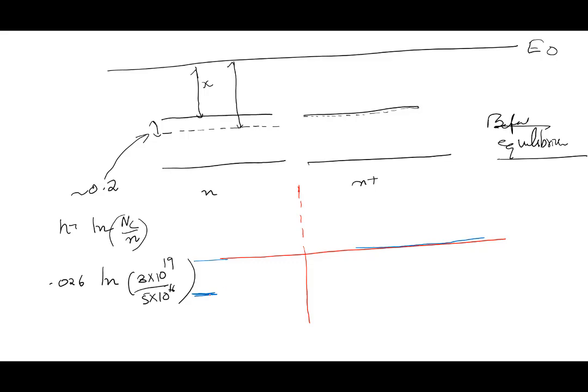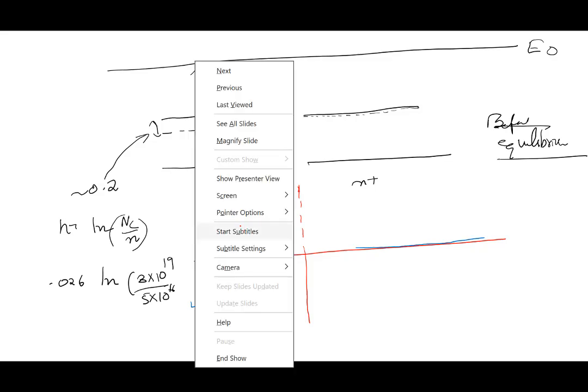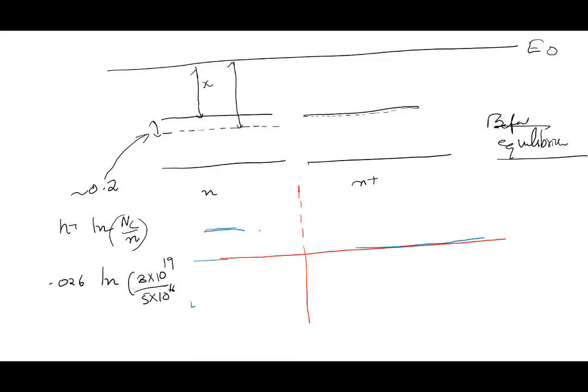We're not going into the details, so you will go like this. This is how EC will go. Oh, sorry, I did it the other way around. Here, EC would start from here. That's how EC will go, and then EV will also go like that.